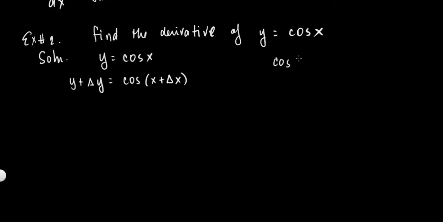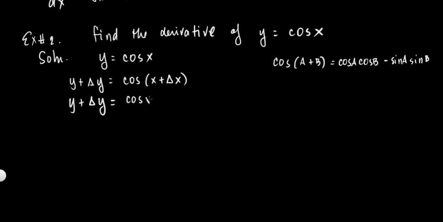Say cosine A plus B equals cosine A times cosine B minus sine A sine B. Okay. So now y plus delta y is equal to cosine x times cosine of delta x minus sine x times sine delta x.